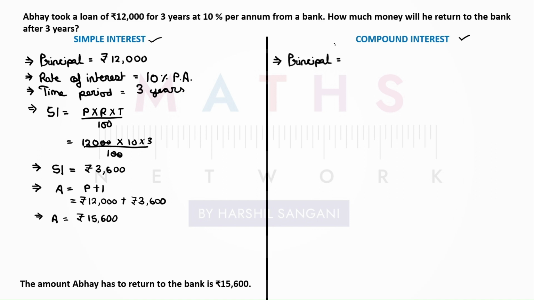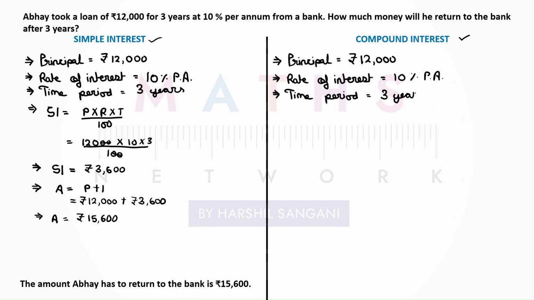Now we solve the same for compound interest. Here also, the principal will be rupees 12,000, the rate of interest will be 10% per annum, abbreviated as PA, and the time period will be 3 years. Now we recall the formula that A equals P multiplied by (1 plus R upon 100) whole raised to n.